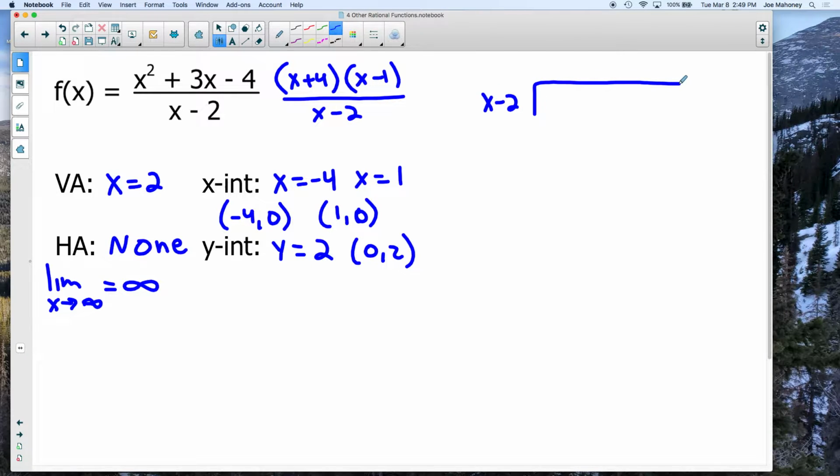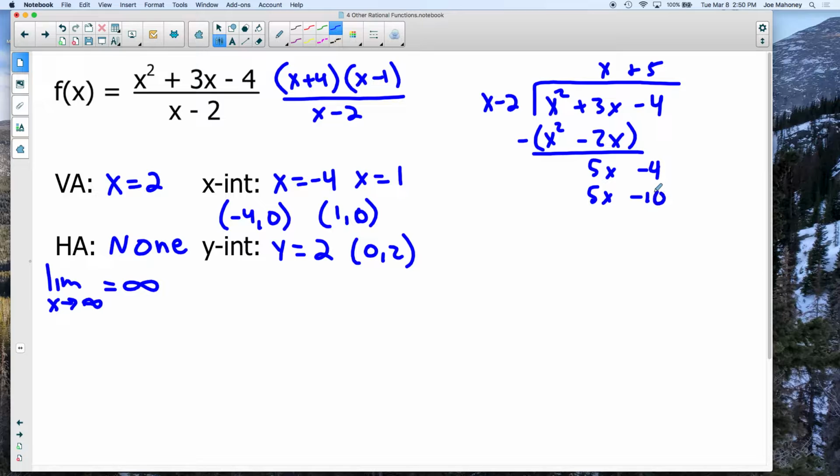So you might remember doing long division, x squared plus 3x minus 4. Let's see, it's going to go in x times, so x times x is x squared. I get a minus 2x. Remember, when I subtract that, I get a 5x, bring down my minus 4. That's going to go in positive 5 times, so I get 5x minus 10.